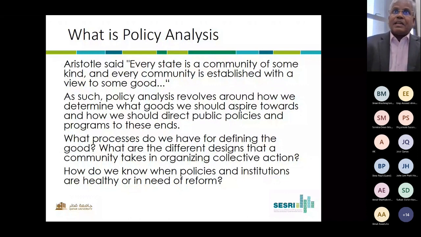So as such, policy analysis revolves around how we determine what goods we should aspire towards and how we should direct public policies and programs towards these ends. What are the processes that we have for defining the common good? And what are the different designs that a community takes in organizing a collective action? It's the policy stakeholder community or organizational community.